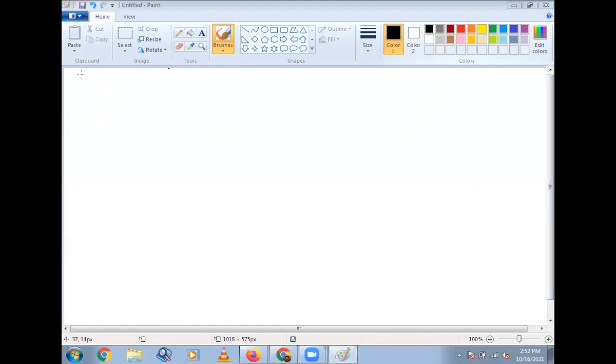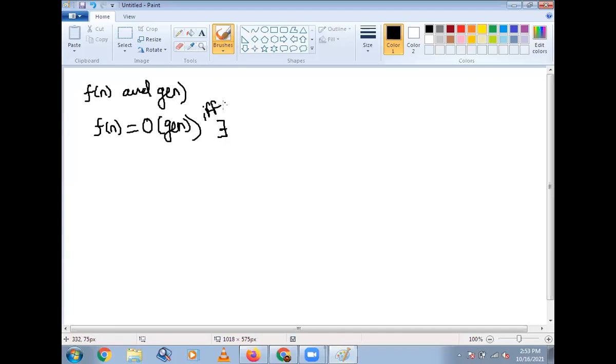Last lecture, we have seen the three asymptotic notations. First, big OH. There are two functions, f of n and g of n, such that f of n is equal to big O of g of n if and only if there exist two constants: c is always a positive constant and n0 is always greater than or equal to 1, and this can also be written as f of n is less than or equal to c into g of n.